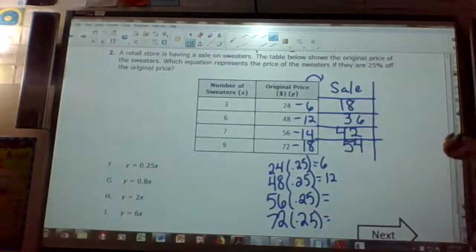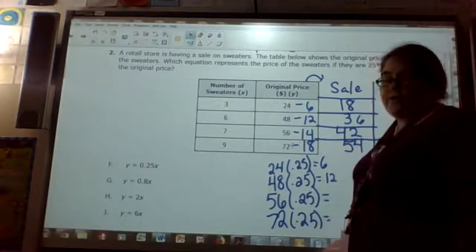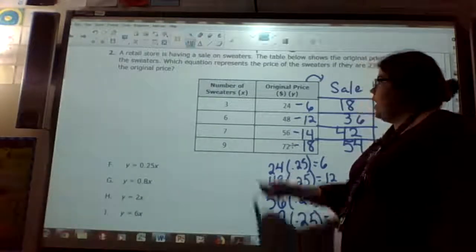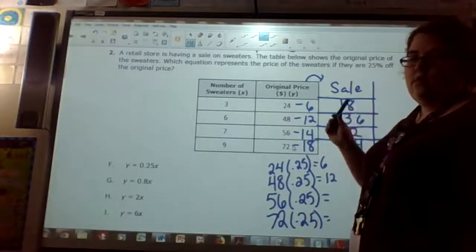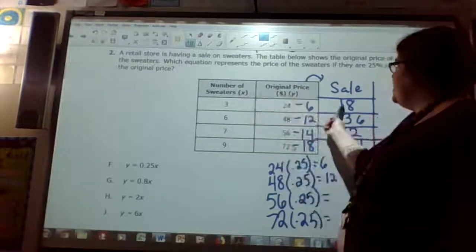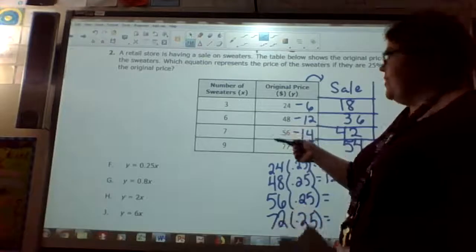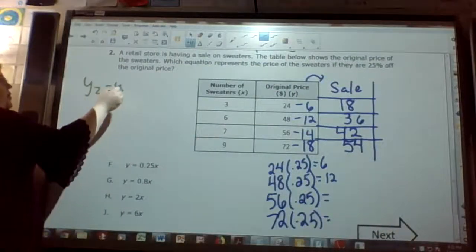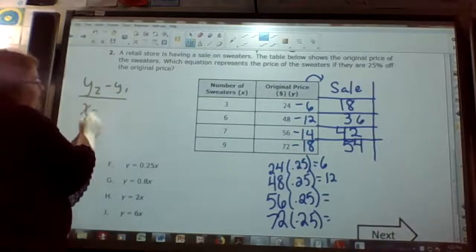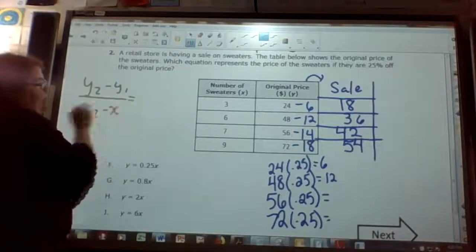This is where I would do my slope and y-intercept. Well, how do I get from 3 to 18? How do I go from 3 to 18? Well, 18 divided by 3. I take my y2 minus y1 over x2 minus x1.